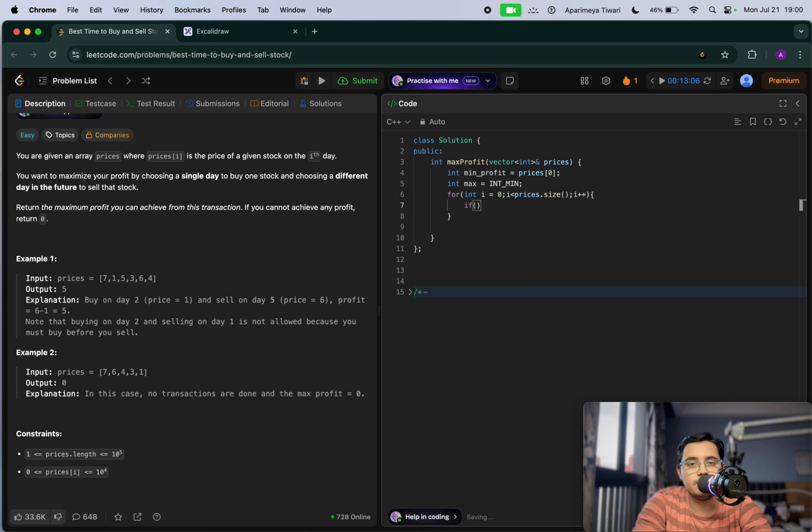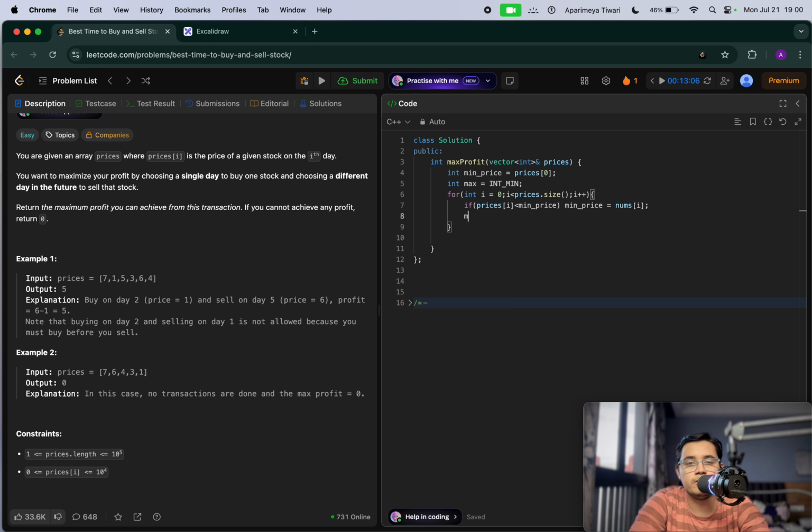Now first we're going to check if prices of i is less than minimum price. Okay, not minimum profit, it should be minimum price. That makes a bit more sense. So if prices of i is less than minimum price, we're going to reset minimum price, so minimum price is now equal to prices of i. And now we're going to calculate the maximum.